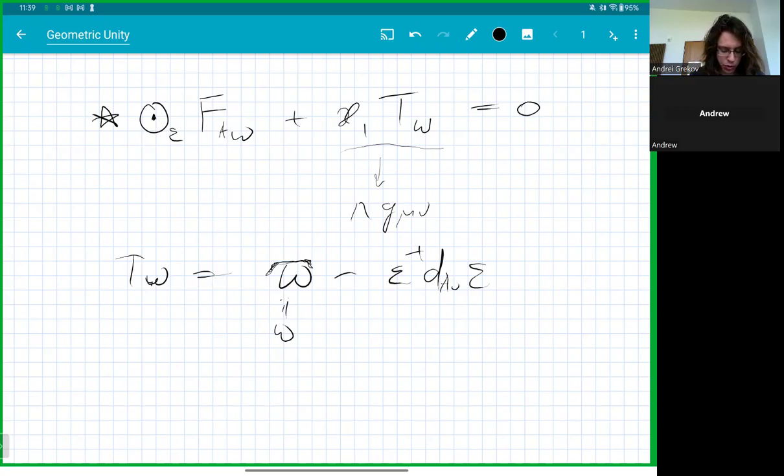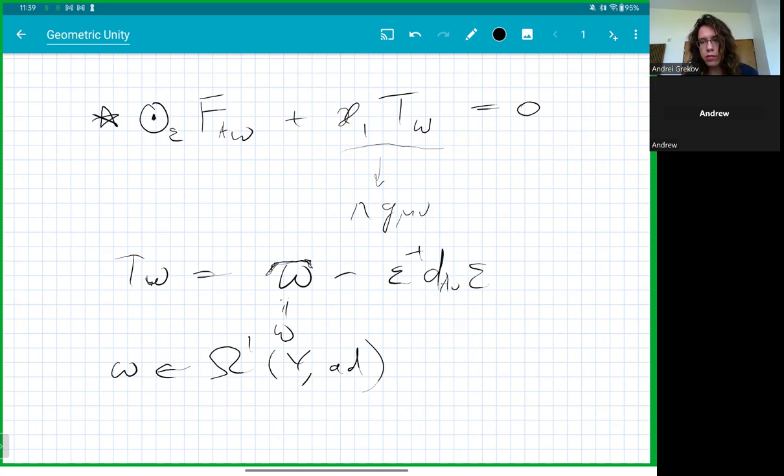Yeah, and we know that this pi or omega takes values in one forms on y valued in the Lie algebra of the unitary automorphism of spinor bundle. So how in principle could this even work?